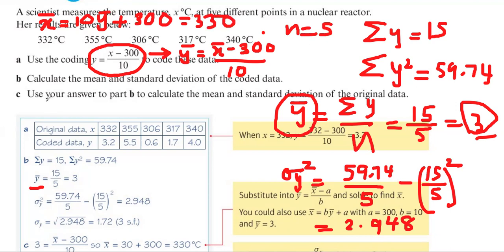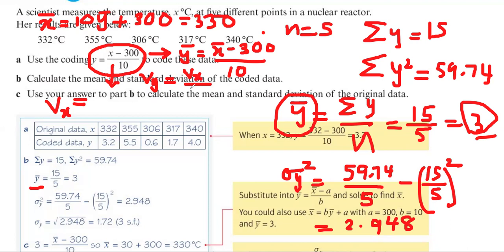Also, you have to find the variance of x. Okay. Muthu, how to find variance of x? First, you have to convert this one, no? Yeah. How to convert? Vy equals Vx over 10 square.